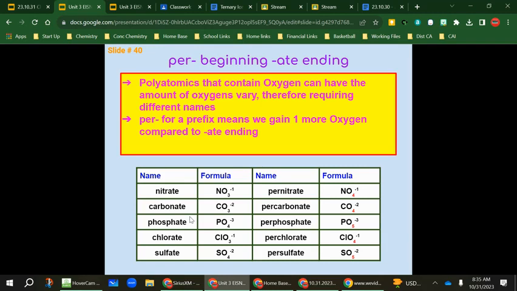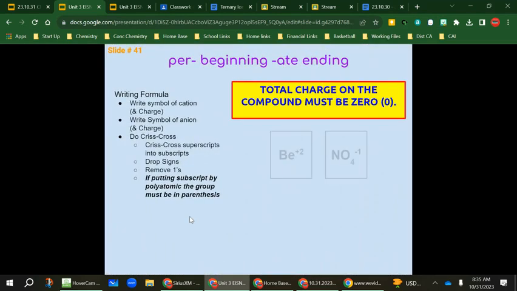Sulfate, SO4, becomes persulfate, SO5. And again, 4 oxygens, 4 oxygens, 5, 4, 5. It is based off of how many oxygens were there, not a certain amount of them in the end. 1 more than the ATE ending. Question.